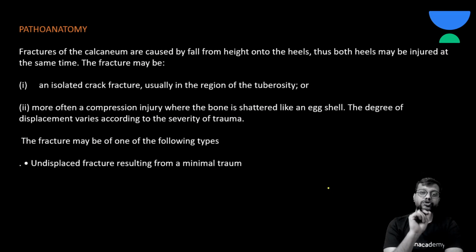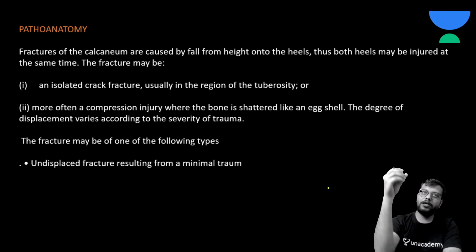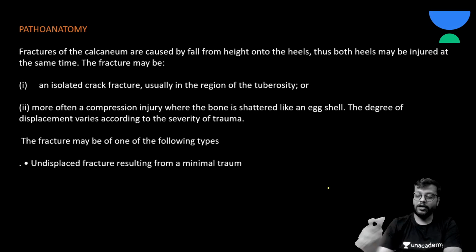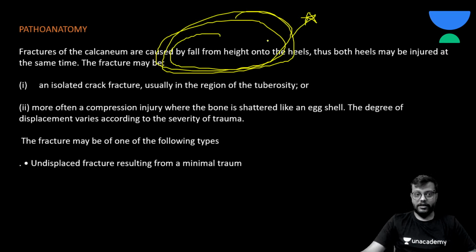Okay, and the most common mechanism for fracture of calcaneum, you can easily understand or correlate why it happens. The calcaneum is the heel, so a fracture of the heel will happen when pressure falls on the heel. Pressure on the heel is highest when you are standing or jumping. So fall from height is the most common cause of fracture of calcaneum.